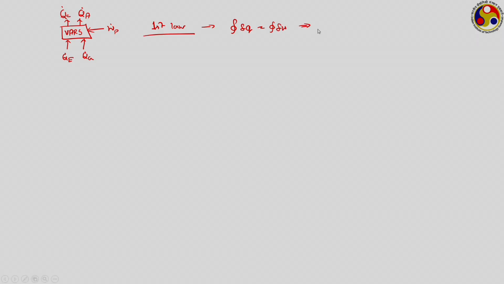Correspondingly, in rate form, the total energy given as input, Q dot E plus Q dot G, will be equal to Q dot C plus Q dot A plus W dot P. Or we write this as Q dot C plus Q dot A is equal to Q dot E plus Q dot G minus W dot P.